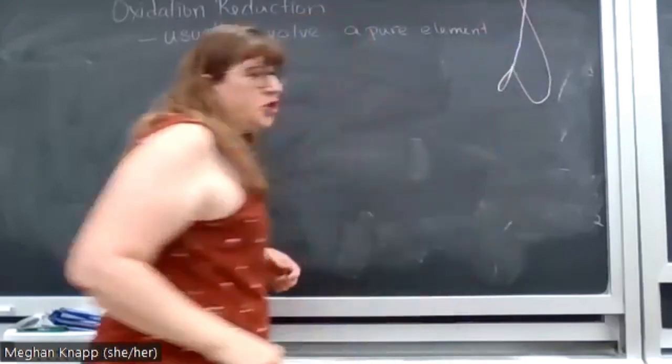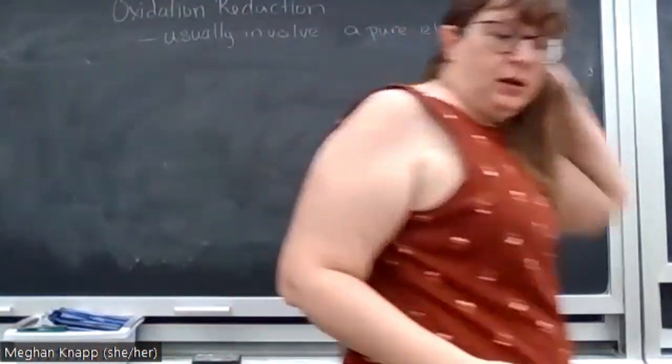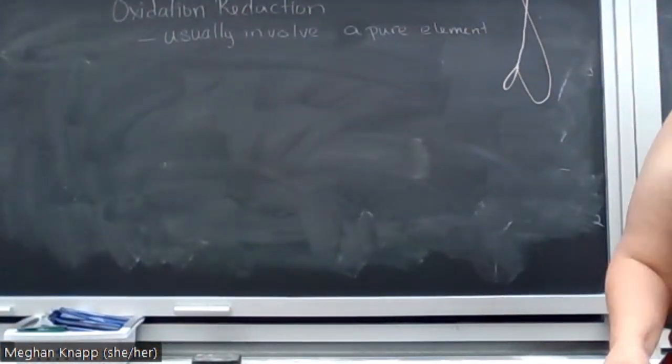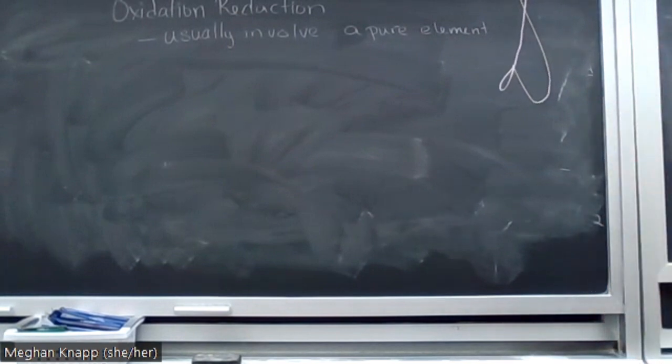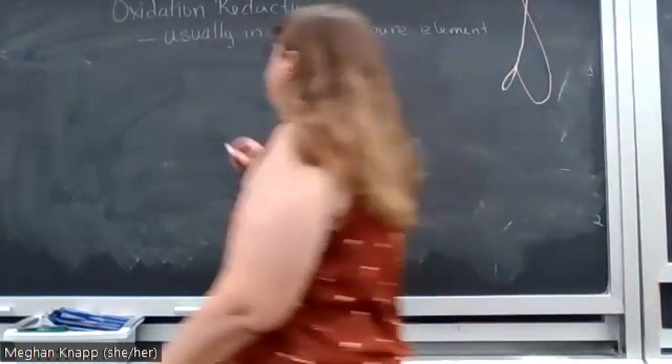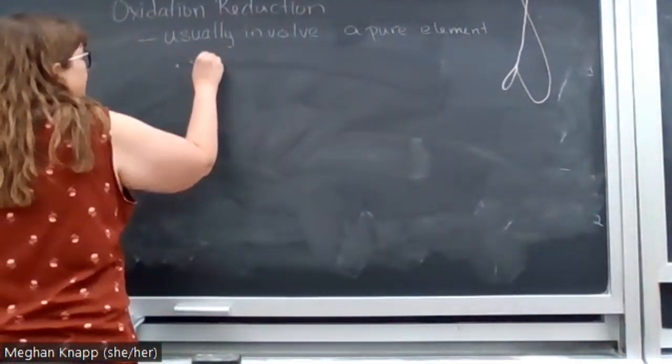So if you want to be sure that you're looking at an oxidation reduction reaction, almost all of them will include a pure element. Now, if there is a pure element at all, it's definitely oxidation reduction. So one example that we have looked at was single displacement.